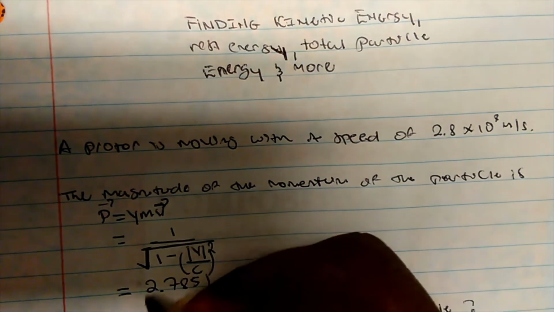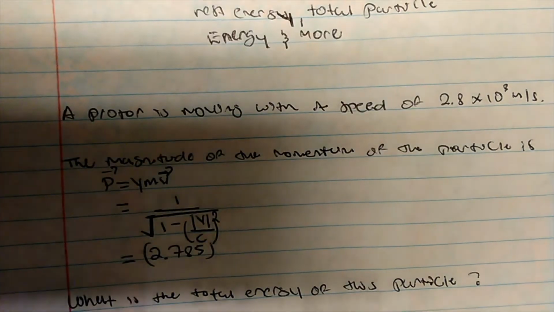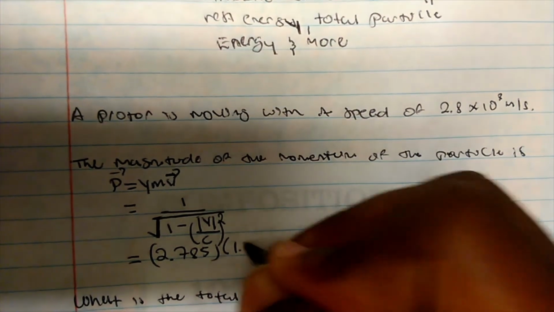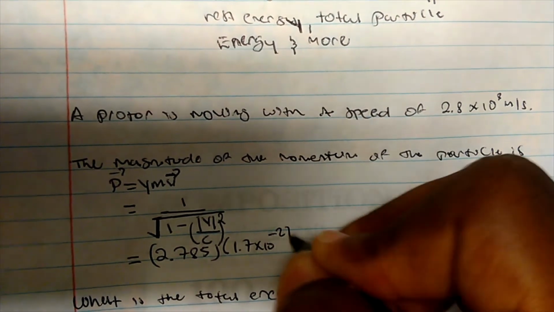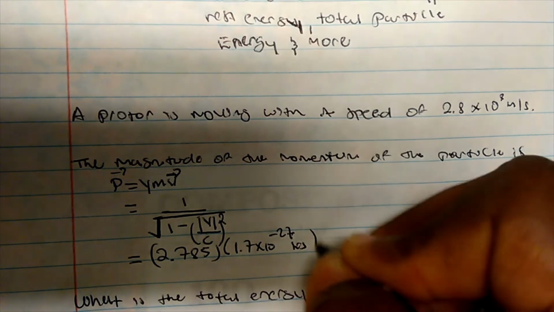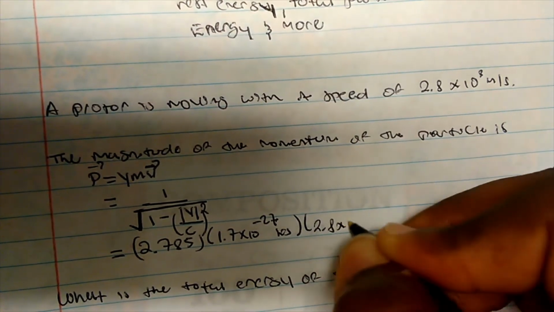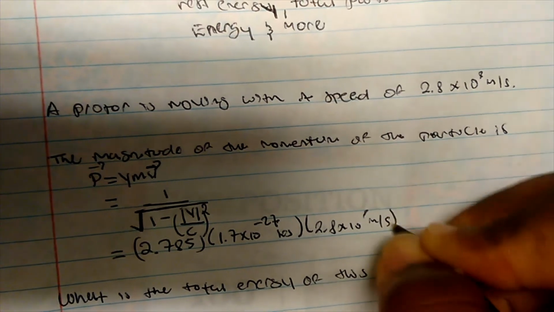2.785. So we know gamma is 2.785. What's the mass of a proton? It's approximately 1.7 times 10 to the negative 27 kilograms. And we multiply that by the velocity, which is 2.8 times 10 to the 8 meters per second.